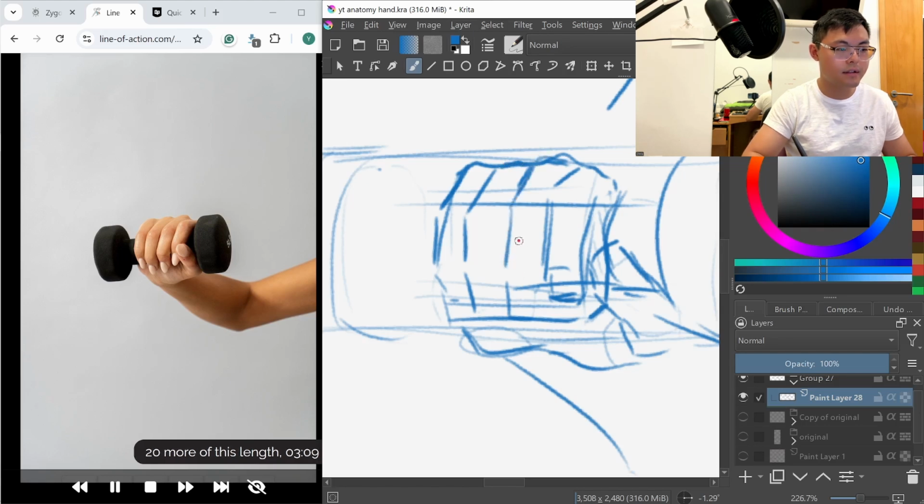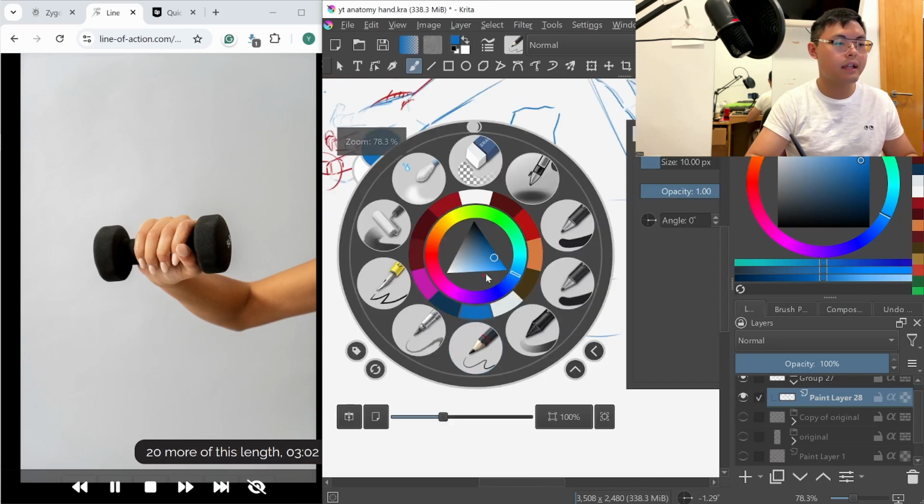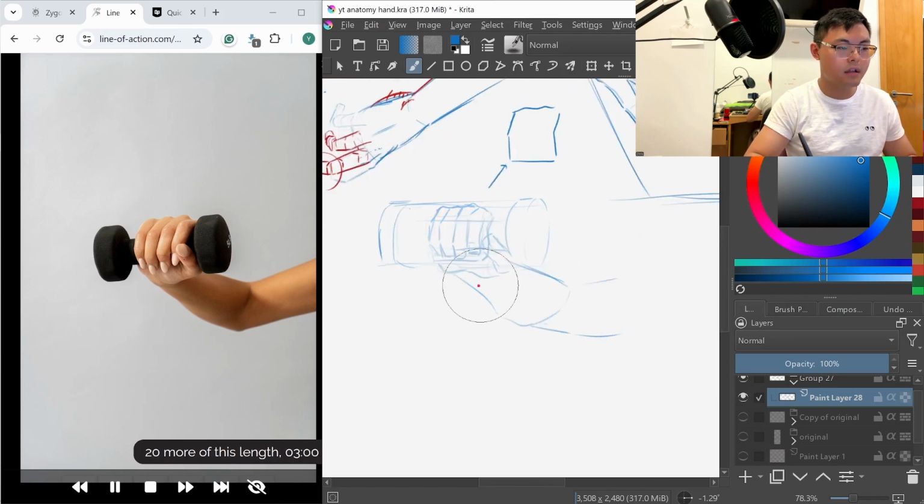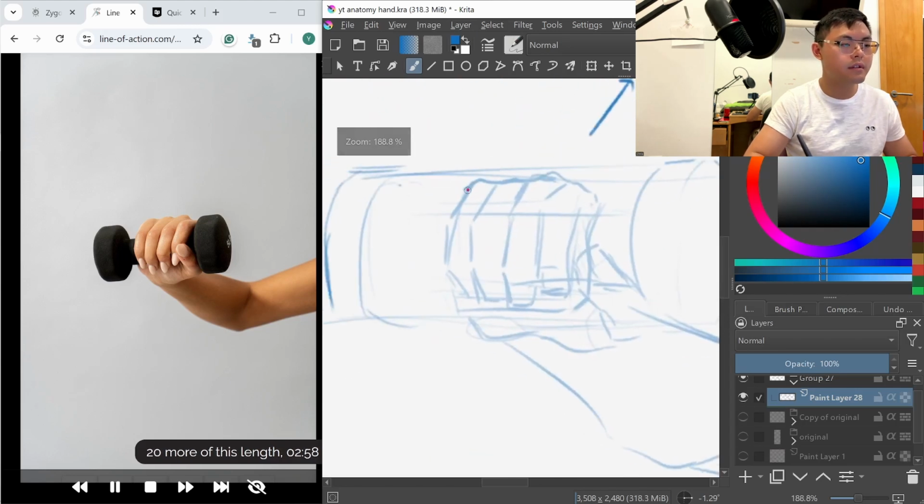Yeah, that's how you draw it. 1, 2, 3, 1, 2, 3, 1, 2, 3.